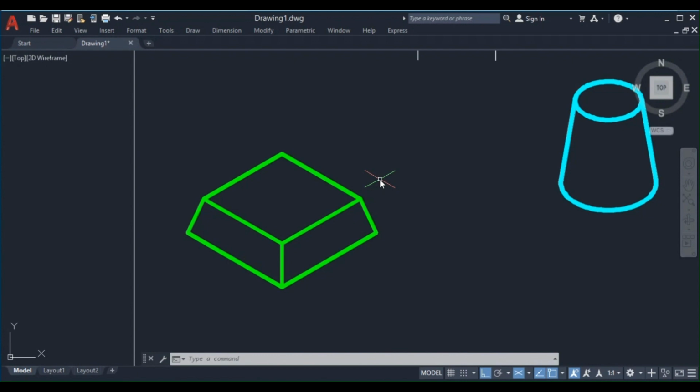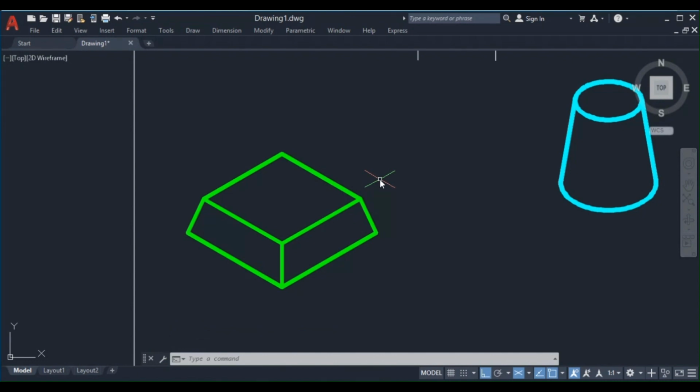The sides of the top and bottom faces are, same thing, 15 mm and 30 mm respectively, and the height is 50 mm.